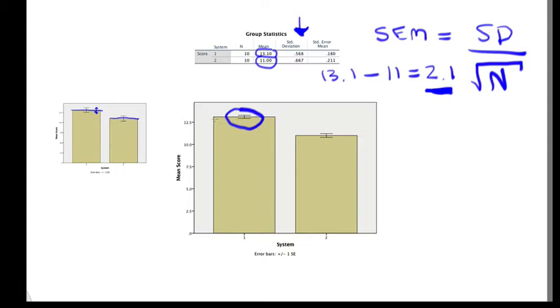that is that there's a gap between the lowest of the higher mean and the highest of the lower mean. So this gap here exists, and that tells us that I can't draw any conclusions about the statistical significance.